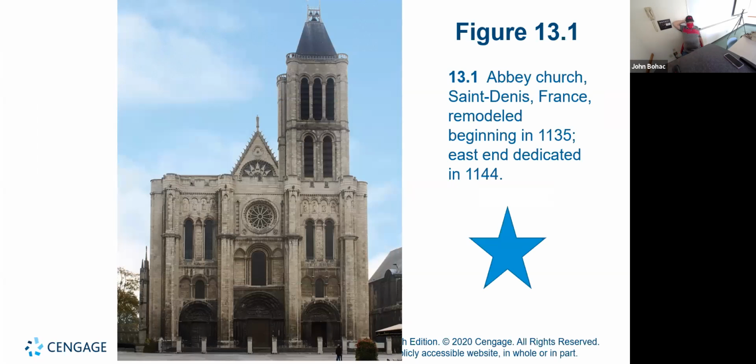And so I wanted to start with this. This is actually the first image in chapter 13, and it's the Abbey Church at Saint Denis, France.